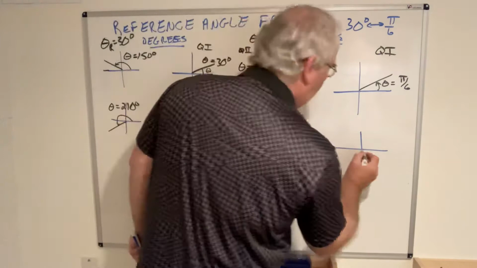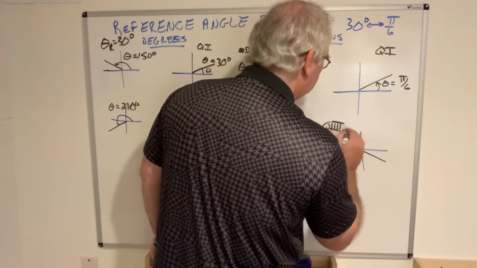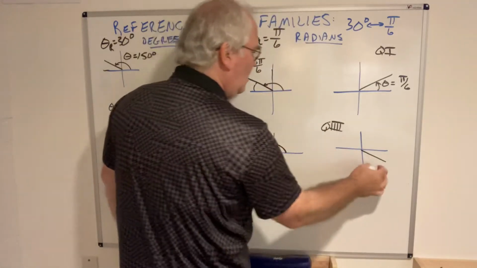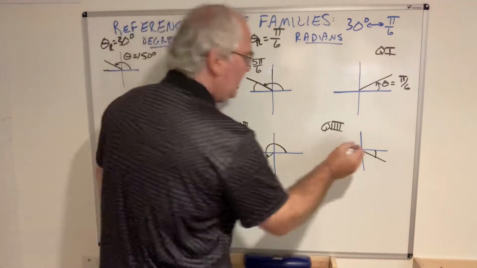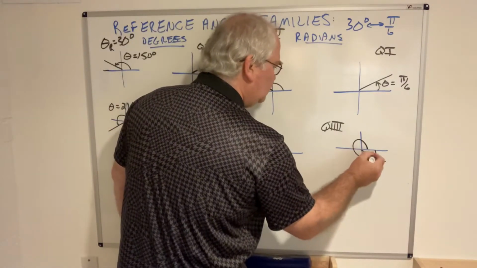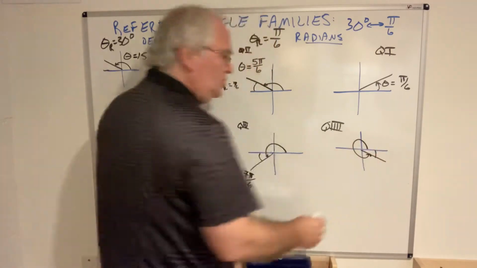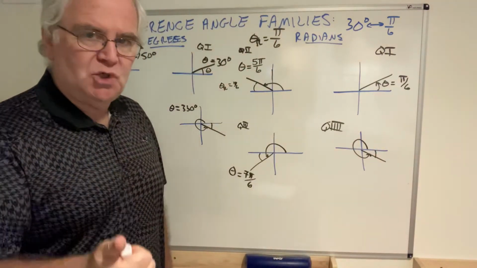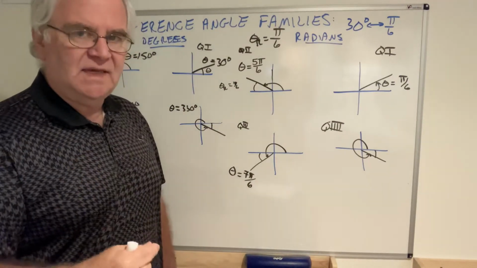And then finally, this is quadrant 4. 1, 2, 3, 4. Quadrant 4, if this is 1/6, pi over 6, what we want is this angle. So if this is 1/6, a complete revolution would be 2 pi. But remember, 2 is the same thing as, we need a common denominator, 12/6.